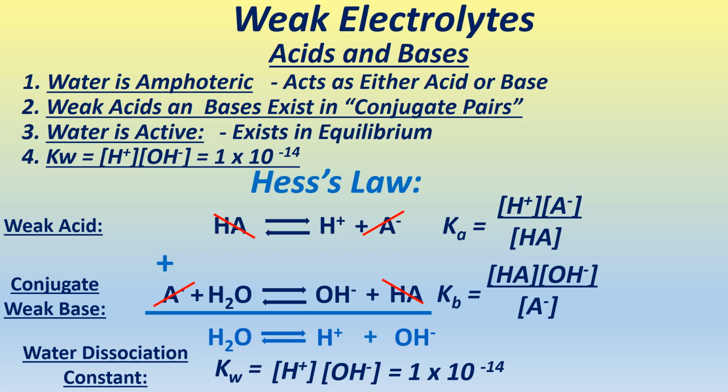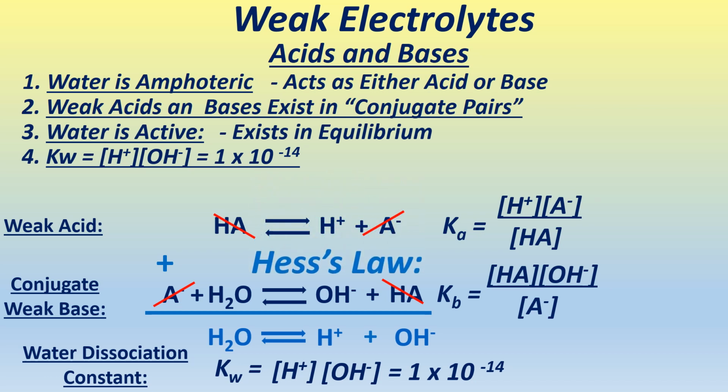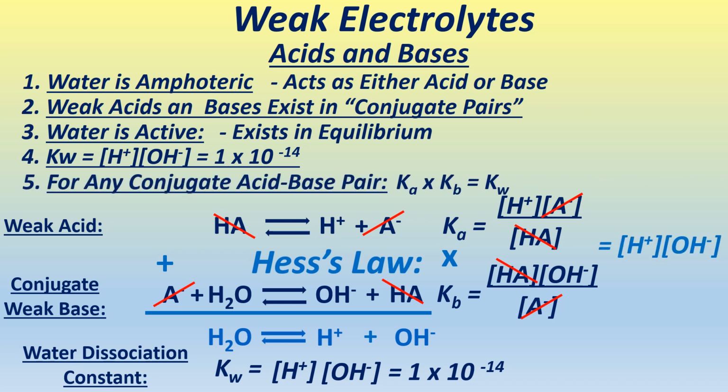Applying Hess's law, if I am adding the reactions, that means I am multiplying the equilibria. If I multiply these together, A minuses cancel, HAs cancel, and I am left with H plus times OH minus.